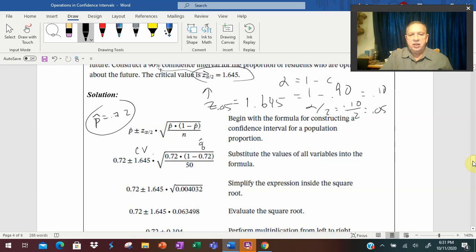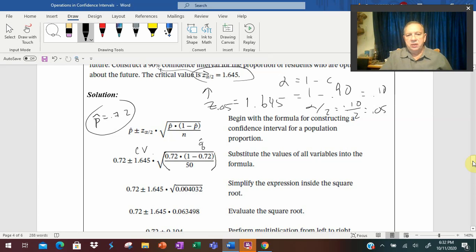So we do all of this calculation first. If you're doing it with a calculator, you need to put parentheses all around this so that it says do all of this first. So it's going to do this in here first, order of operations. It's going to do that 0.28 times 0.72, and then it's going to do the division, and then it's going to do the square root.